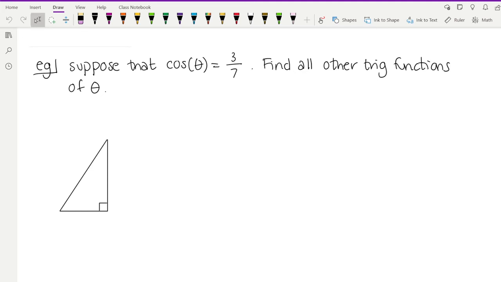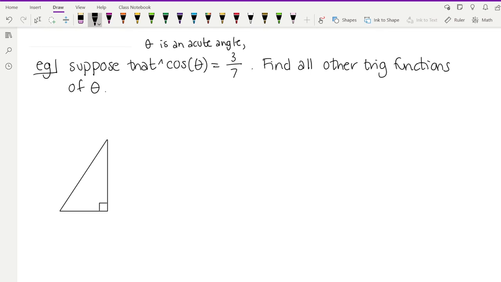So when you're given this information that cosine of theta is equal to 3/7, we want to start by drawing a right triangle. And one thing I should have added here is that in this case, we're assuming that theta is an acute angle. Let me just write that here. Theta is an acute angle, meaning it's between 0 and 90.